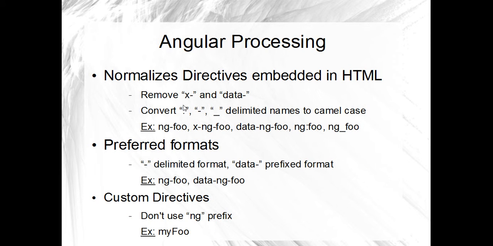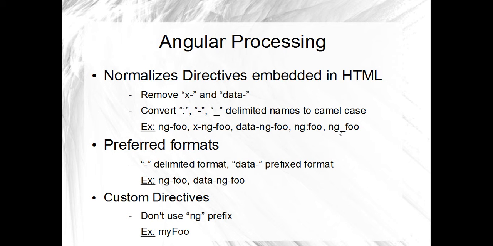So how does Angular process these directives? Any directives which are actually embedded in HTML are initially normalized. So as example highlighted here, you could see multiple references how it could be defined in HTML. Say like ng-foo or x-ng-foo or even like data-ng-foo or even delimiting with colon and underscore.